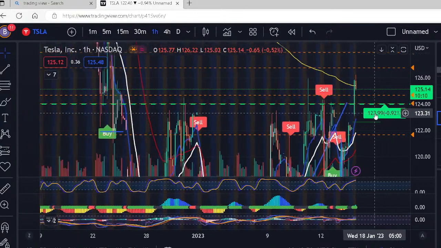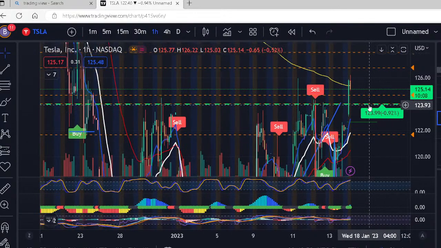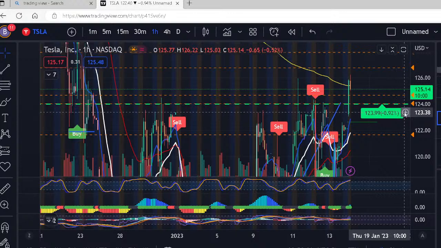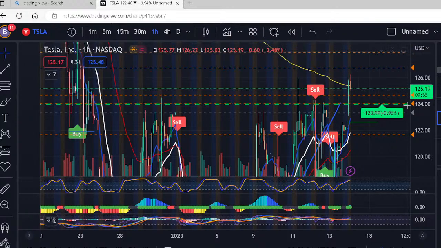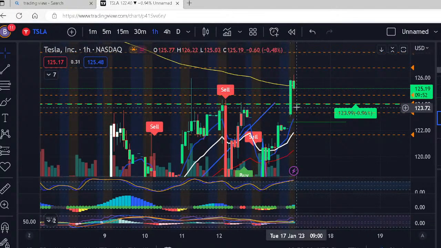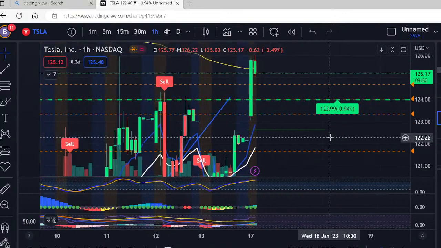My next price target will be right here, 123.35. And that's pretty much pre-gap fill, guys, so I'll be looking for a bounce here if it makes it there.